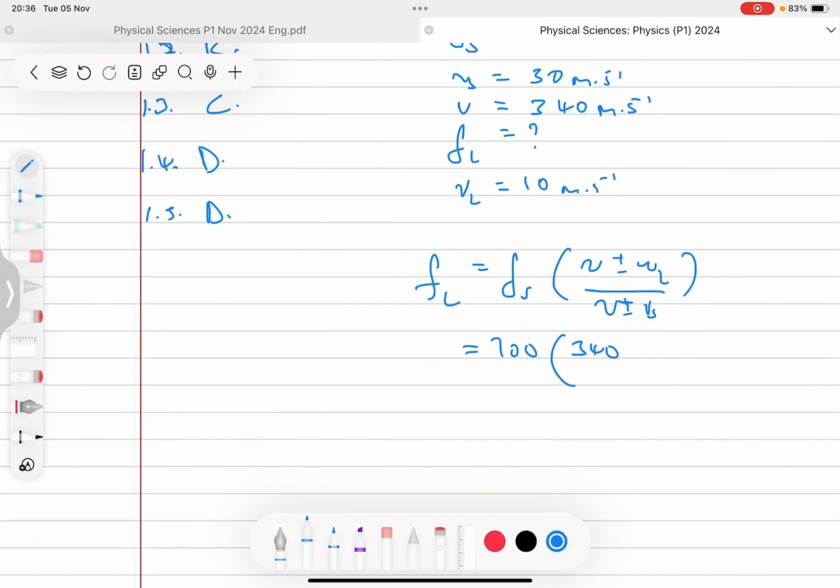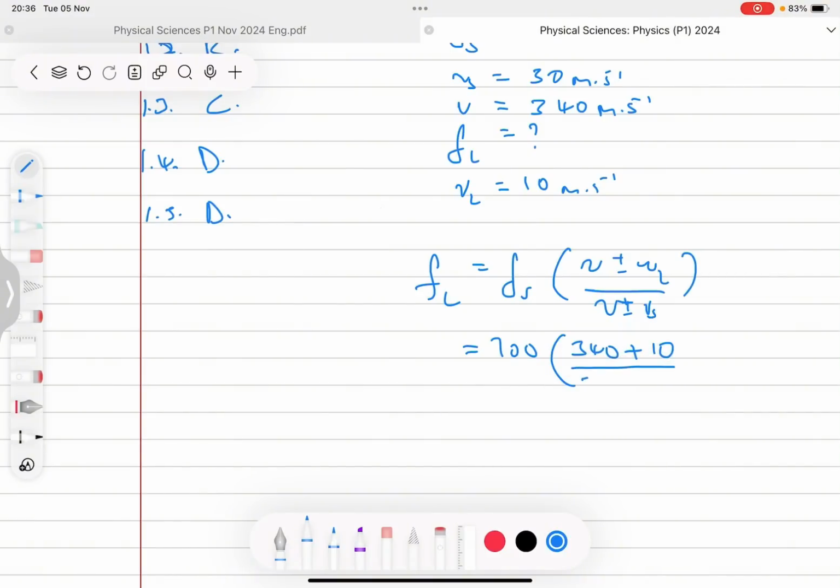Because the listener is moving towards the source, we're going to put a positive here because we want to get a big number in the numerator, so that when we divide, we are able to detect a bigger frequency. Remember, when you divide a big number by a small value, you get a bigger frequency. Our listener should detect a bigger frequency if they're going towards the source.